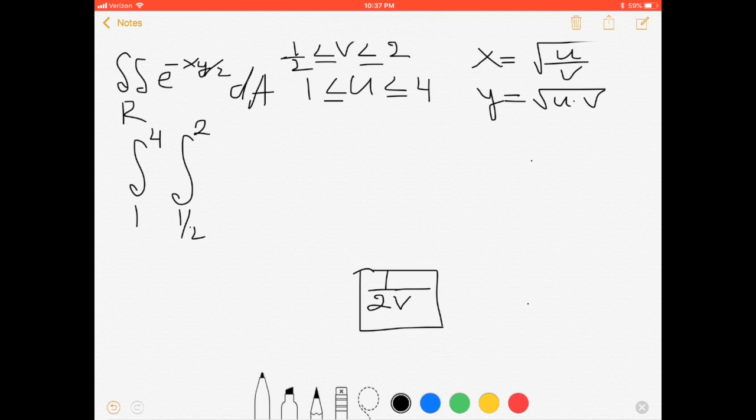The product of x and y gives us u. This means e to the negative u over 2. Now we have our Jacobian, 1 over 2v, and then du dv.